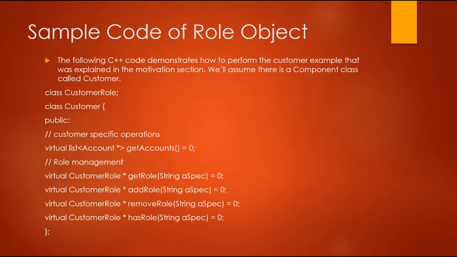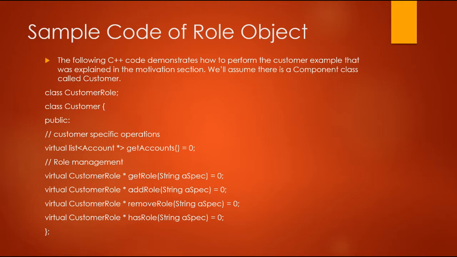Under the public section they have the virtual functions, with getAccounts. Then next you've got the virtual CustomerRole that's been assigned from the CustomerRole. Then the function created was getRole. Next are addRole, removeRole, and hasRole.